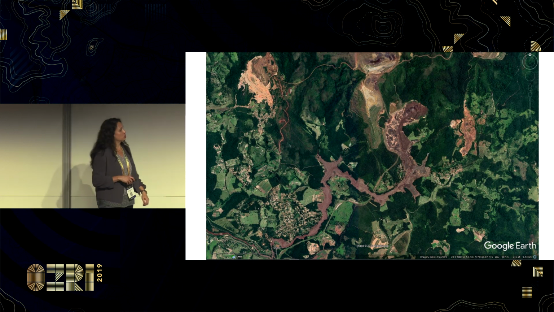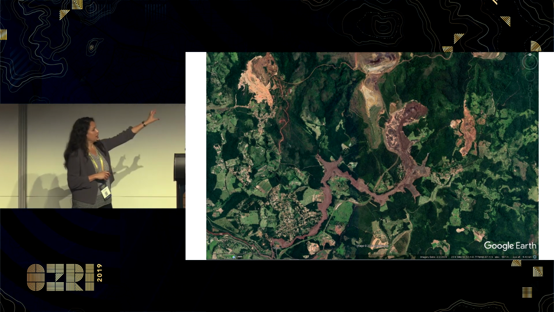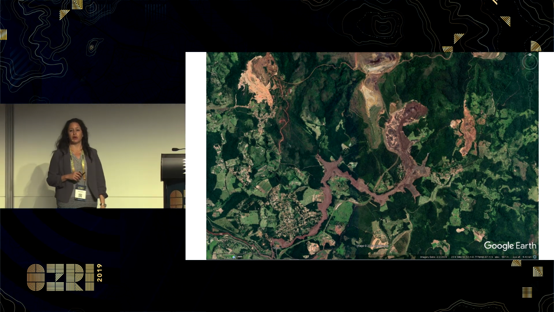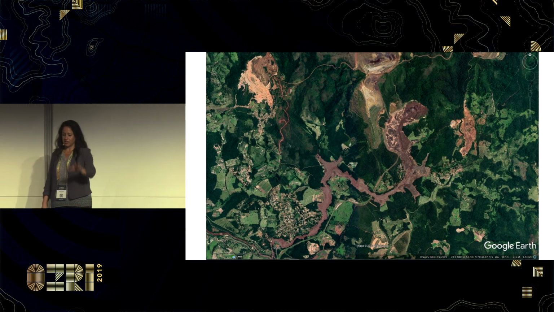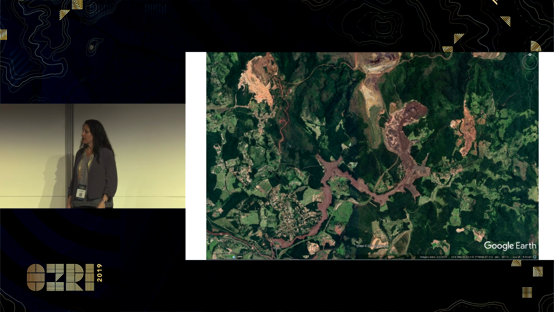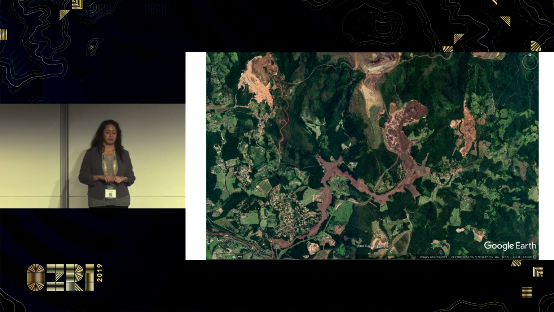Here's another image showing before and after, and again where the mud flow started flowing outside of that catastrophic failure. You can see the extent, not only through the upper portion of the dam, but also through the agricultural fields, with all of that material flowing downriver across those different areas.